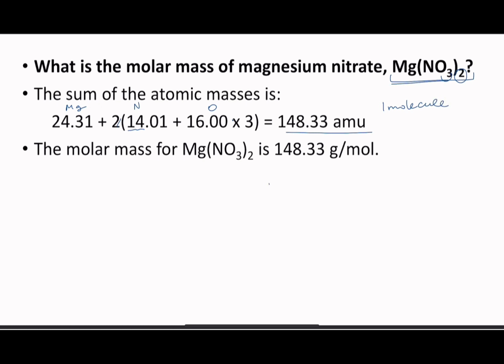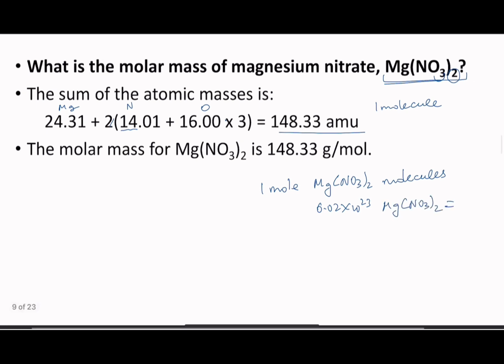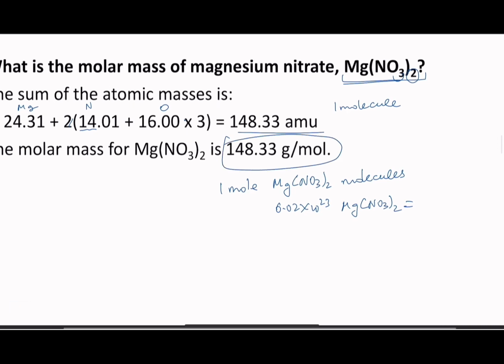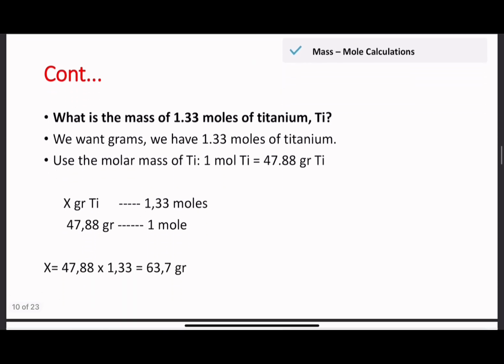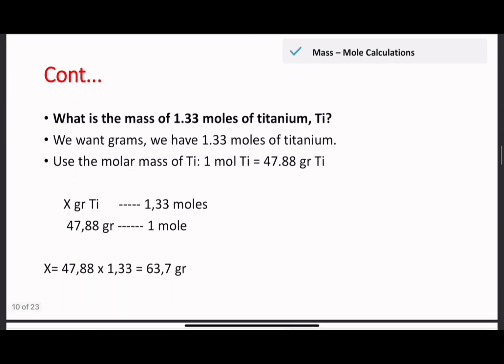But when you have 1 mole of magnesium nitrate molecules, meaning 6.02 times 10 to the power of 23 magnesium nitrate molecules, the mass of it is going to be 148.33 gram per mole. Okay, so now it is asking us what's the mass of 1.33 moles of titanium.